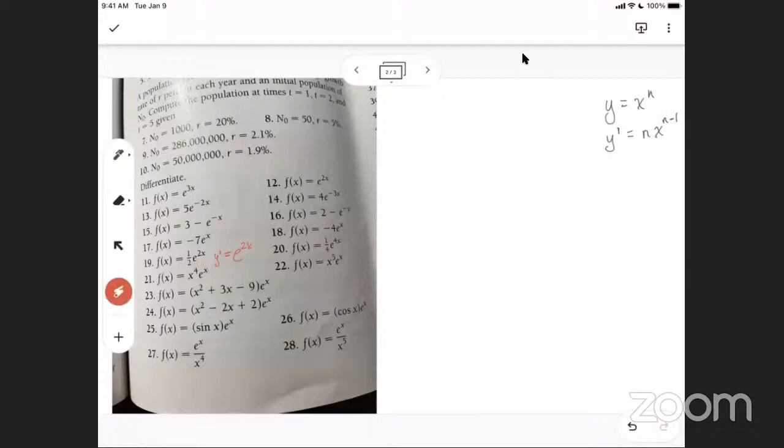You bring the exponent down in front, and then you reduce it by 1. Okay. That's the power rule. In my mind, it's the main way to take a derivative. So that's what we've been doing up to this point.